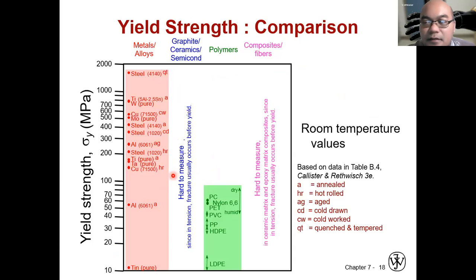Metal alloys, on the other hand, are deformable. They are formable. We call this property ductile. Later we will see another parameter called ductility. The opposite of ductile is fragile, which is the characteristic of graphite, ceramic, or semiconductor.